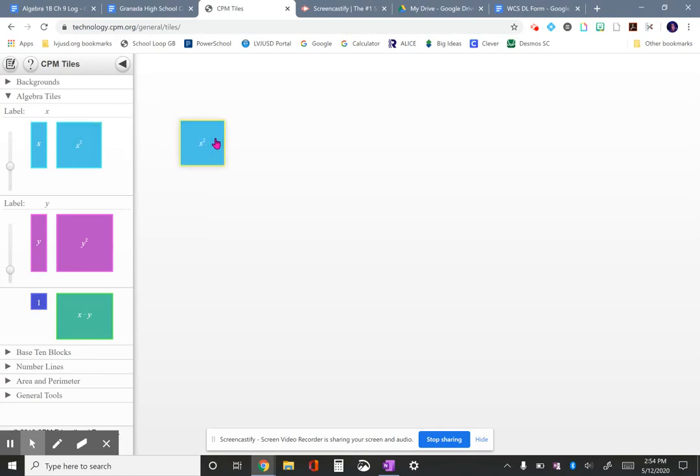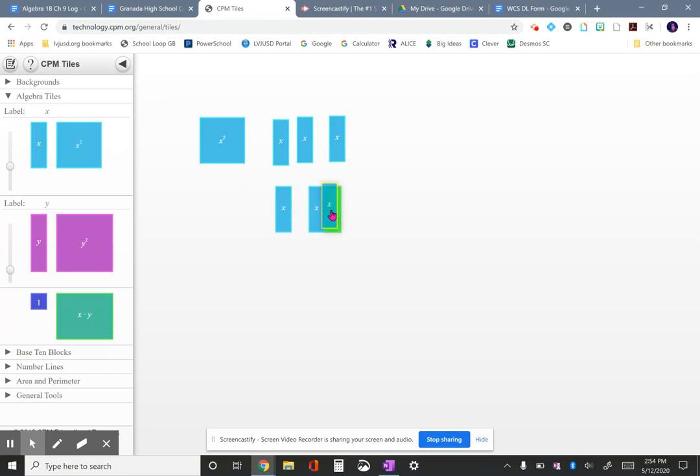So what we had is x squared and 6x. So we had 6 of these. So we had 1 x squared and we have 6 x's. Now the idea is to take these and create a square. So this is a square, but we want these to be included as part of our square as well.